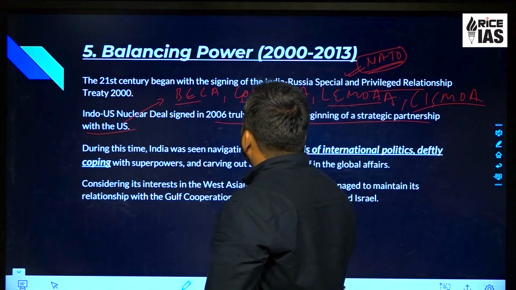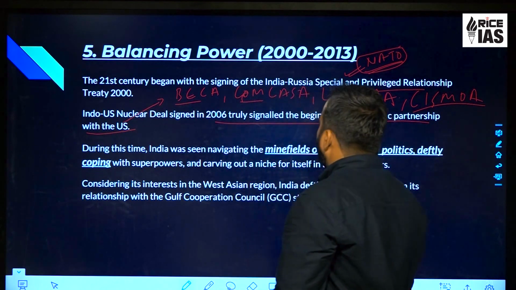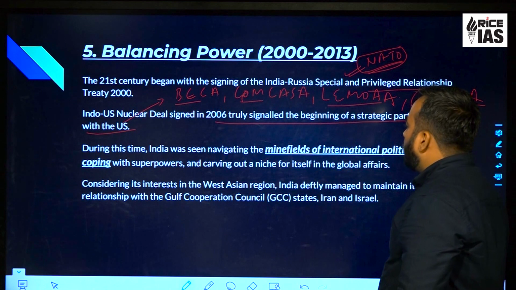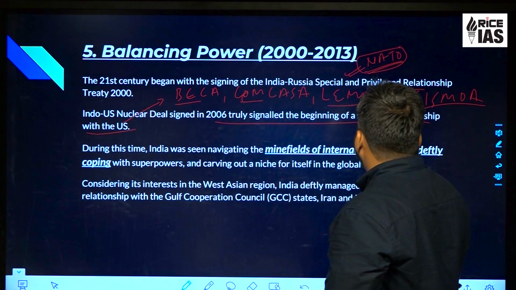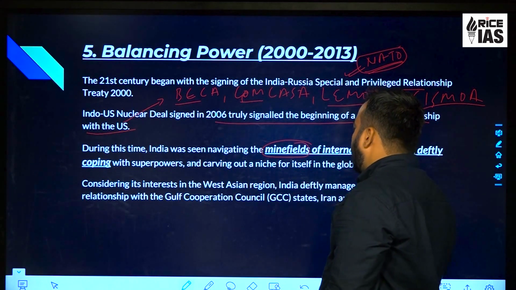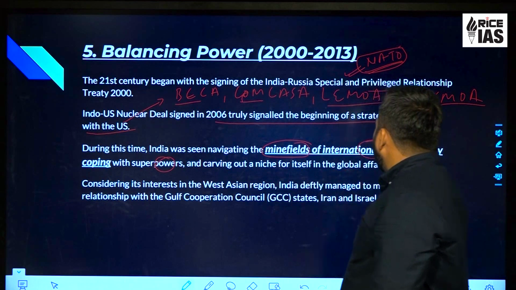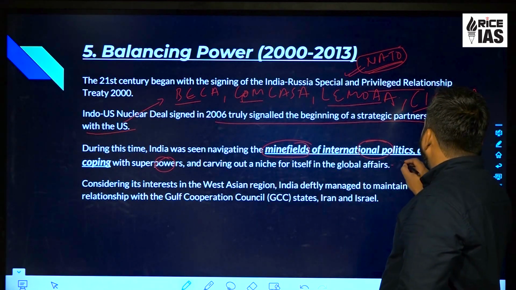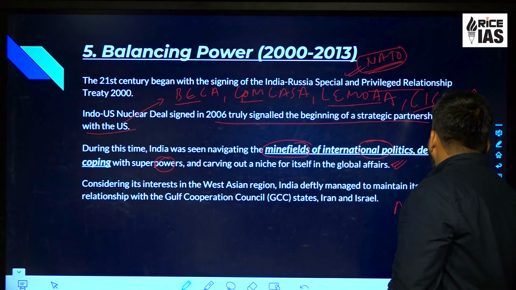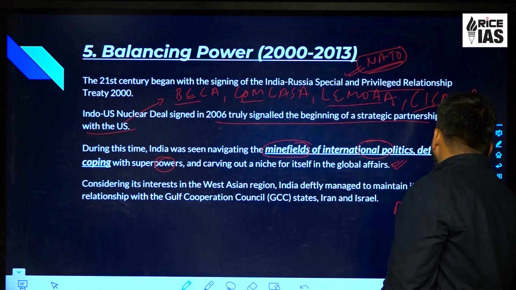This tells that India has really been a balancing power. Minefields of international politics, yes. Deftly coping with superpowers, yes. We can see this in the global affairs, yes. So India has sometimes been called a middle power. India is not a great power.